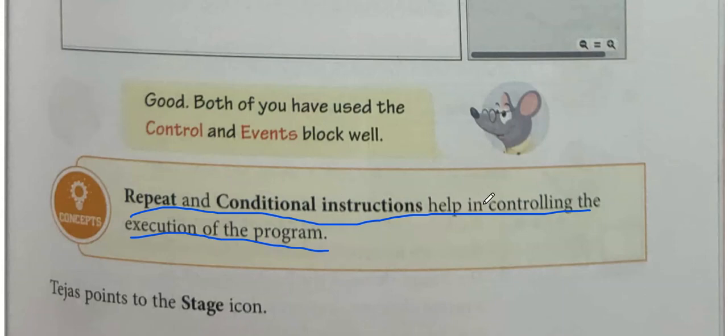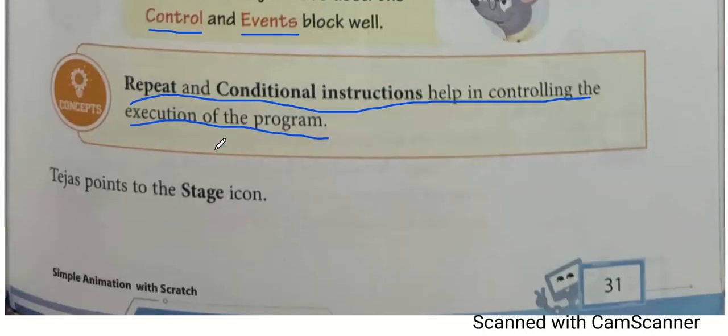As it is controlling, we find these instructions under the control block. So here is the difference between the control and events blocks. Events is used to trigger the execution of the program, and control is used to control the execution of the program. Now let's read the lesson.